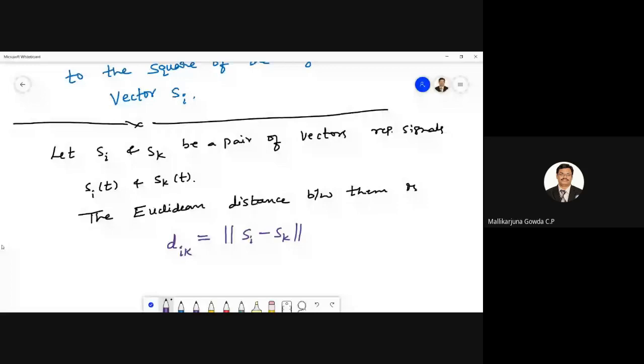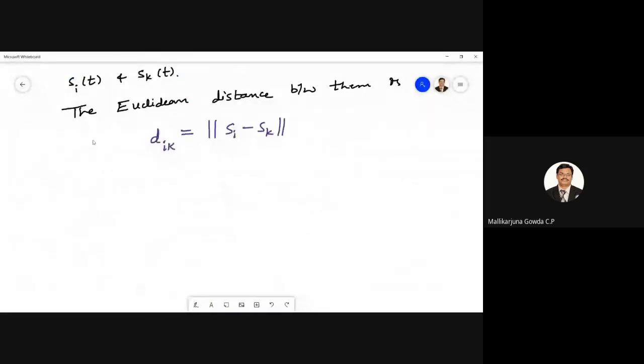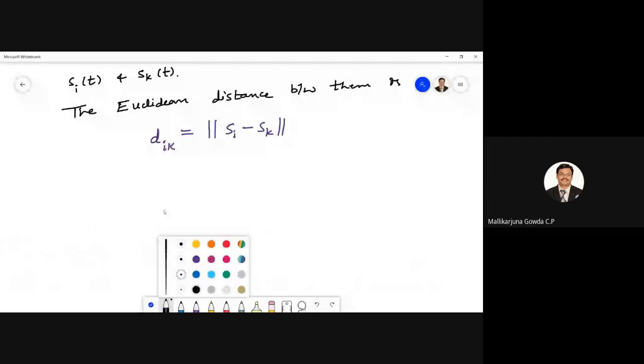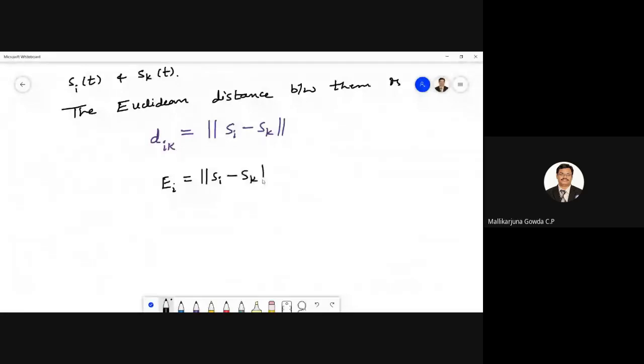And just now I said how Ei can be written. I hope you all will be able to write Ei as the squared length of the signal vector. Since here I have taken two signal vectors, I can write it as the norm of Si minus Sk squared.